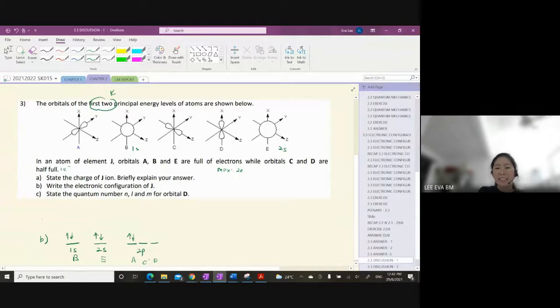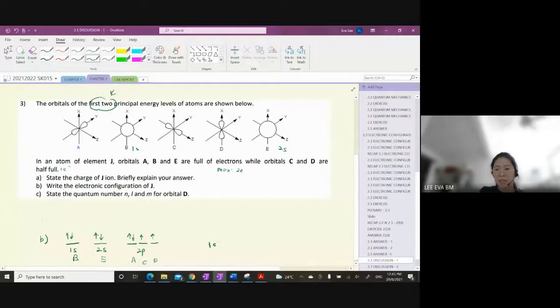And then for our C and D are half full, okay, half filled with only 1 single electron. So we're filling accordingly. If you're able to interpret the orbital diagram, then you can write out the electronic configuration for our element J.